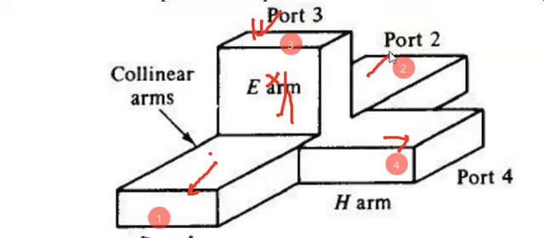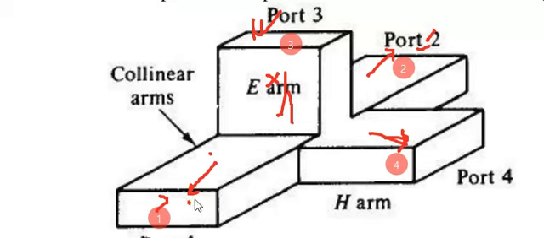Here the wave is out of phase at port 1 and port 2 when the wave is fed from port 3, and automatically the output of port 4 is 0 because the E arm and H arm are perpendicular. If the wave is fed into one of the collinear arms, port 1 or port 2, it will not appear in the other collinear arm.